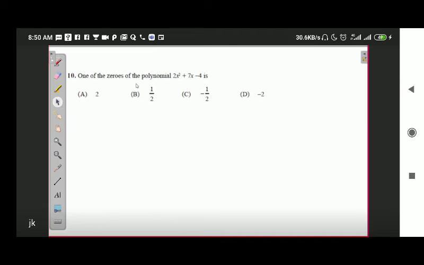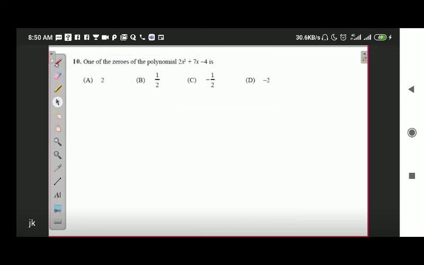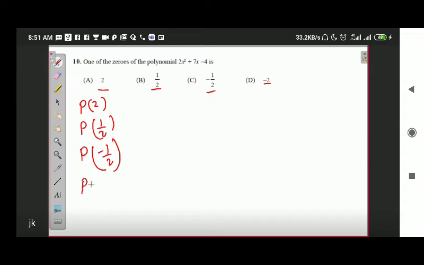Let's see the next question. One of the zeros of the given polynomial is, we have to check which of these four is its correct zero. We can do this question in two ways. First way, we can find the value of p(2), p(1/2), p(-1/2), and p(-2), at the values 2, minus 1 by 2, 1 by 2, and minus 2.